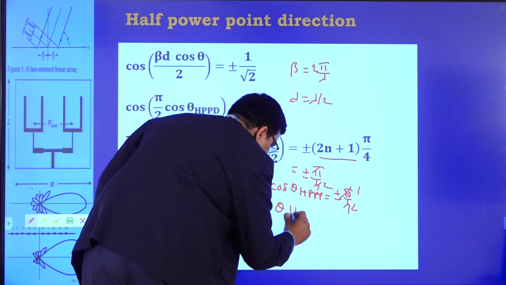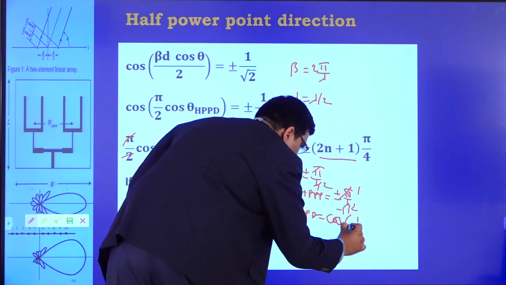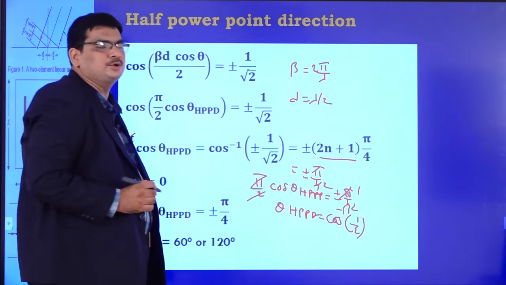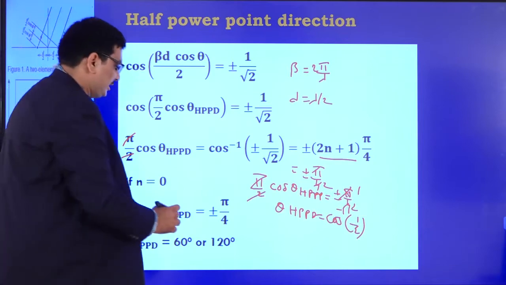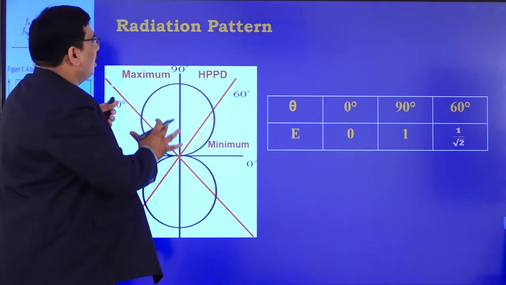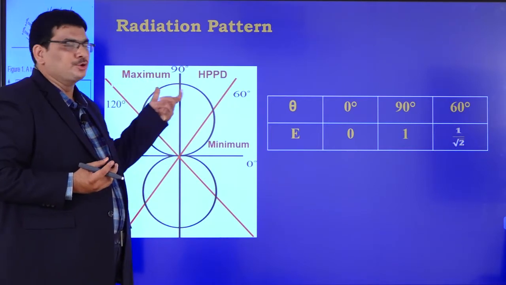So your theta at the half power points is equal to cos inverse of 1 by 2. We get the cos inverse of 1 by 2 at theta equal to 60 degrees or 120 degrees. So this is the radiation pattern of a 2 element array with equal amplitude and equal phase.